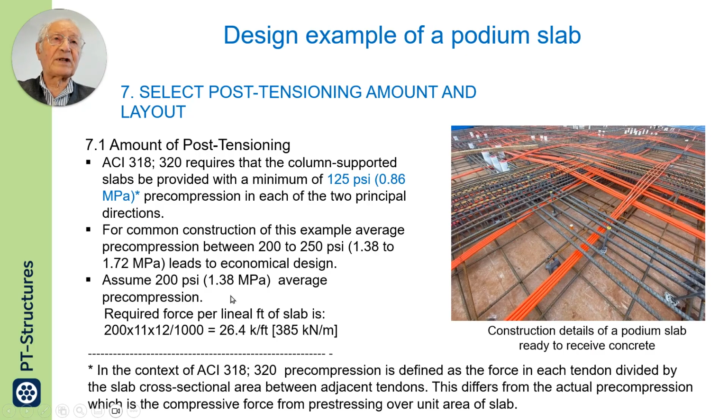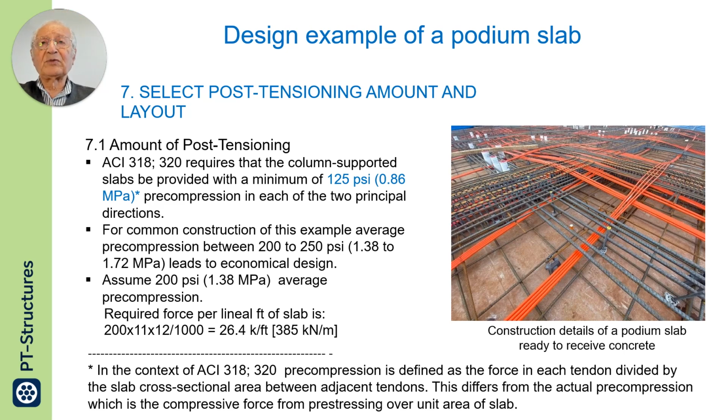Next, we go to post-tensioning. Up to now, even though the podium slab was intended and will be post-tensioned, the post-tensioning comes into the picture after we have verified the adequacy of the dimensions and the material property selected.